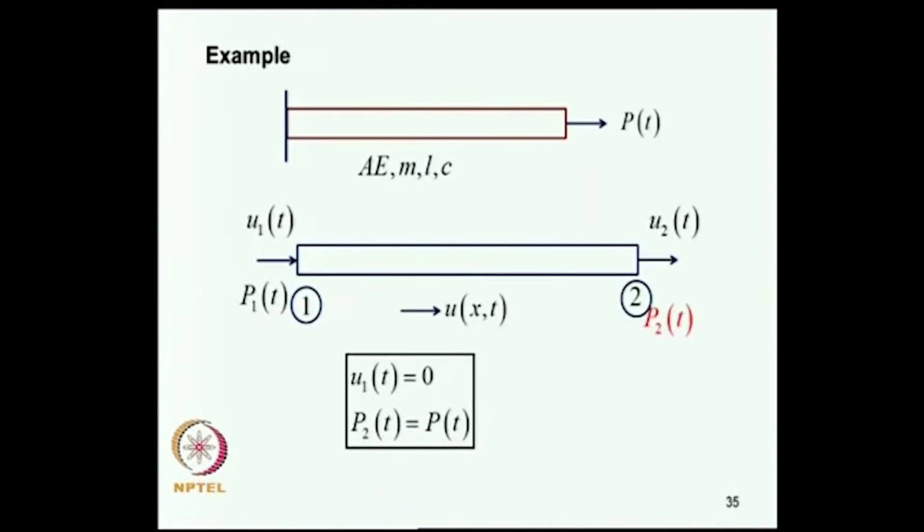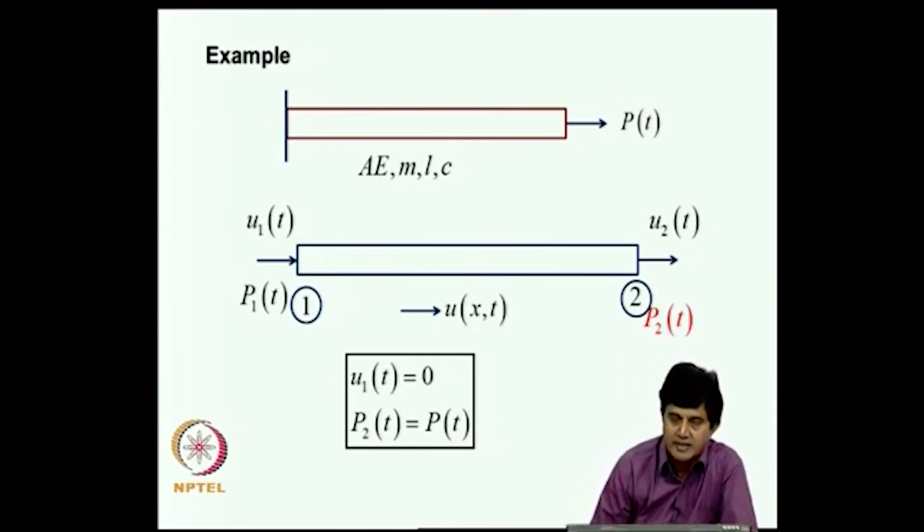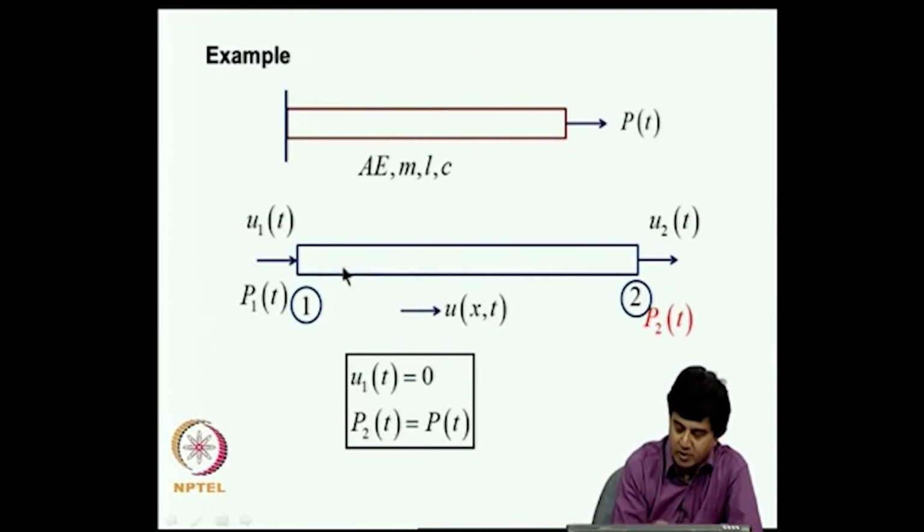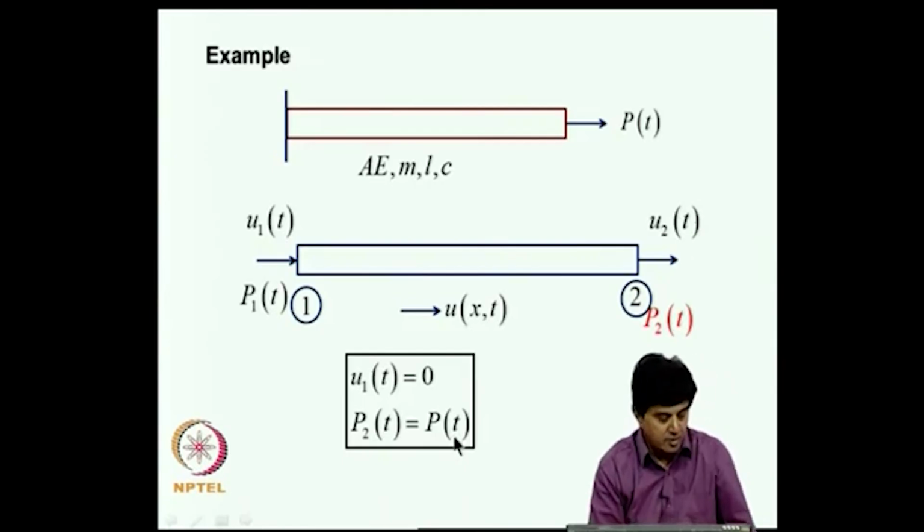Now, we are ready to tackle some quick examples. Suppose there is a rod which is clamped at this end and it carries an axial load like this. Suppose I model this using one element. We see that this bar is clamped here, therefore u1 of t is 0, and at this end I am applying an external force p of t, therefore p2 of t should be p of t.